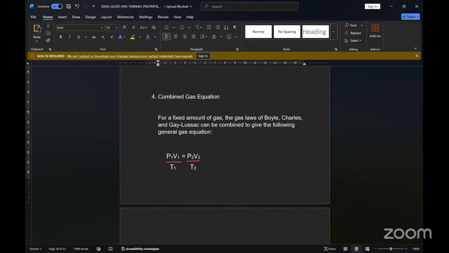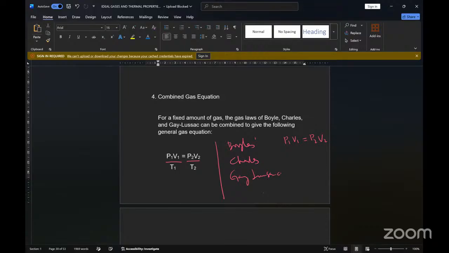Now, let me show you something before we proceed. Let me write here Boyle's law, Charles' law, and then Gay-Lussac's law. Boyle's law says P1 V1 is equal to P2 V2.